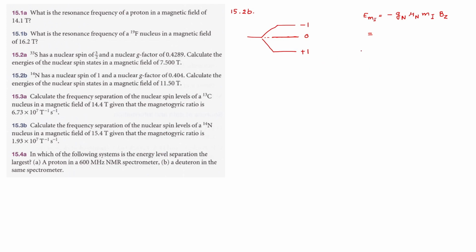It is actually minus 0.404 into, again we know this, 5.050 into 10 to the power minus 27 joule Tesla inverse. AMI value will put later, but we know the Tesla in magnetic field and AMI, right? So let us calculate this, how much it is coming.